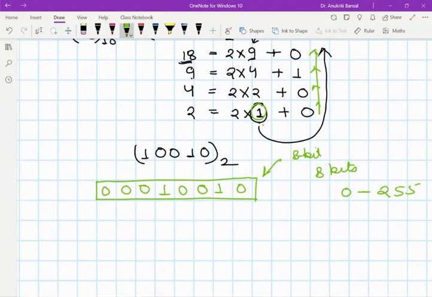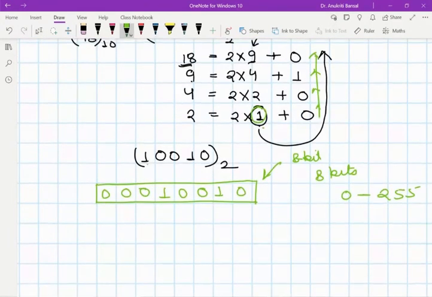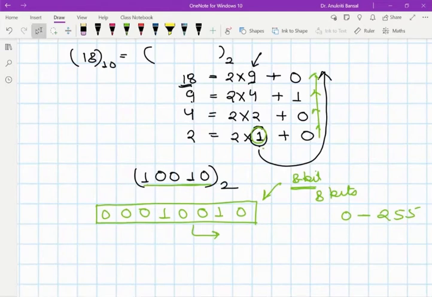Now suppose I have this number 18 and its binary equivalent is this, which consists of 5 bits as of now. If I have an 8-bit representation, which is already allocated for my integers, then the remaining bits will be 0. So this is the 8-bit binary representation of number 18.